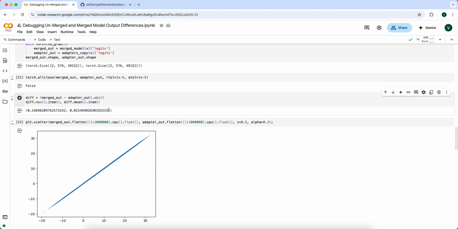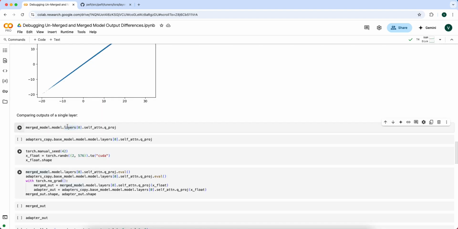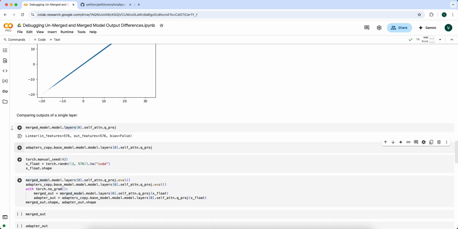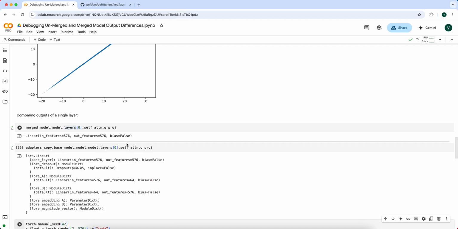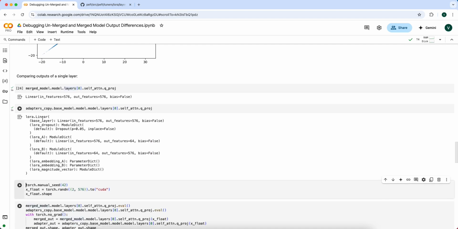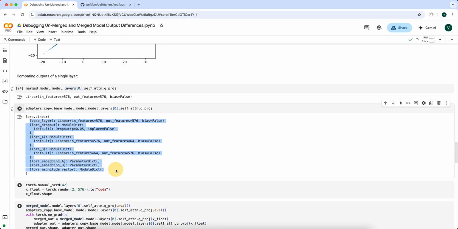So spoiler alert for this video, we're going to find that this is in fact a floating point precision error that's propagating throughout the model. We're going to run the same forward pass, but I'm going to do it just through one layer. So the merged model has a single linear layer when we look at the self-attention QProj. And then the adapters has a LoRA linear layer, which has all these different components.